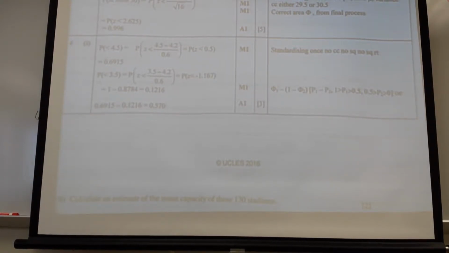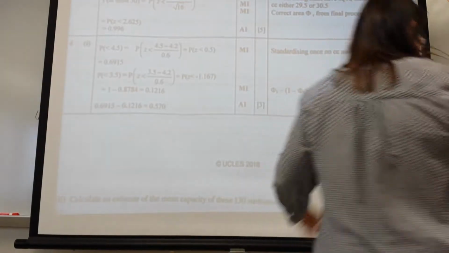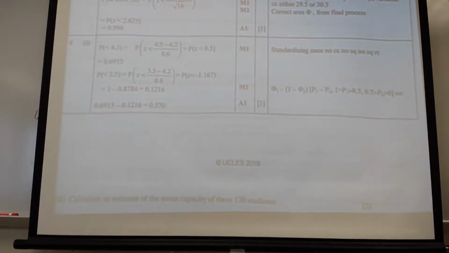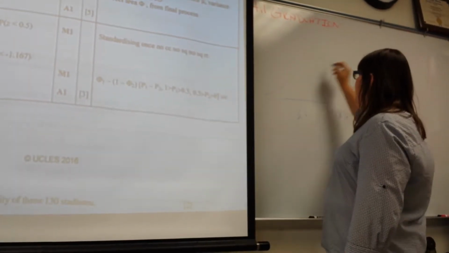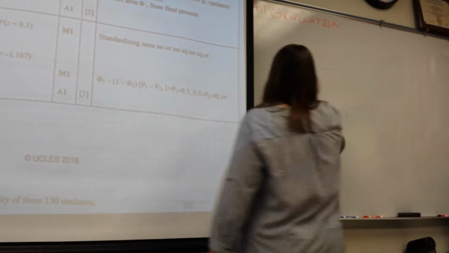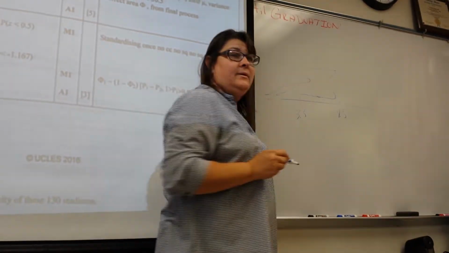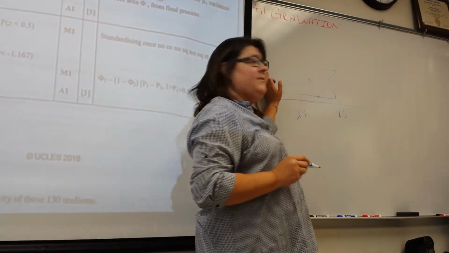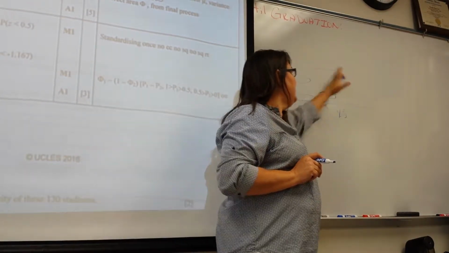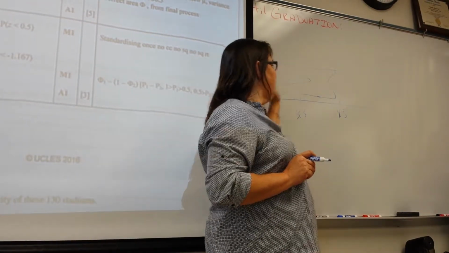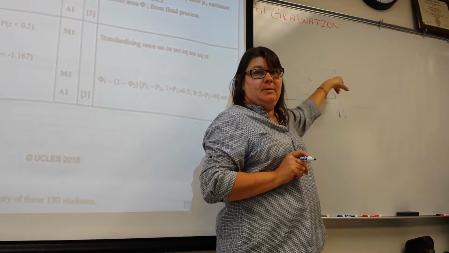We did one in class like this where we recognized that we had 4.5 and 3.5, and we had to be between them. We would find all the way back from 4.5 and subtract 3.5 from it. Did that make sense? So we go from here to here, and then subtract from here to here, and that gives you the bulk in the middle.